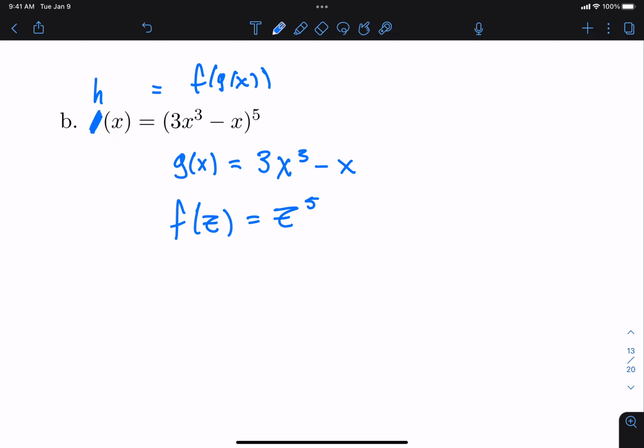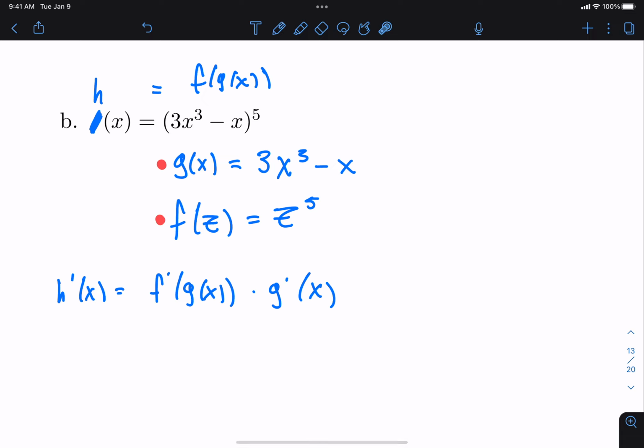So to do the derivative, h prime of x, I know I need f prime of g of x times g prime of x. To do that, I need to figure out what is f prime and what is g prime.